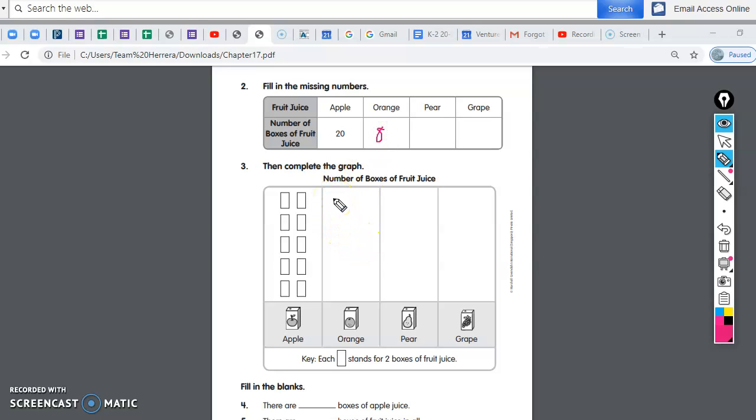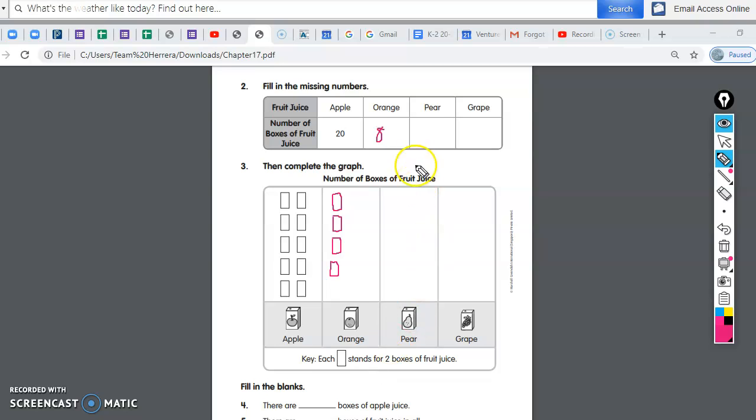So then that means I'm going to have to draw, okay, this stands for 2, 4, 6, 8.